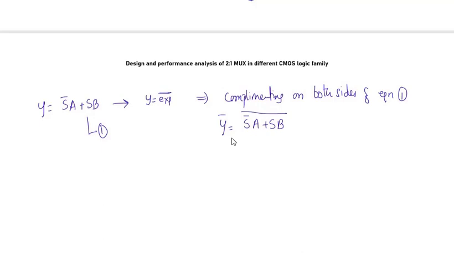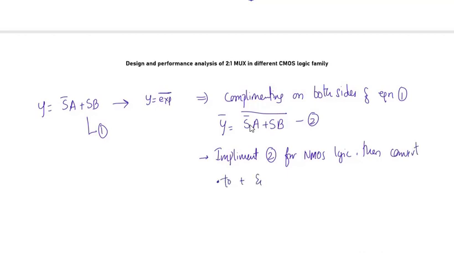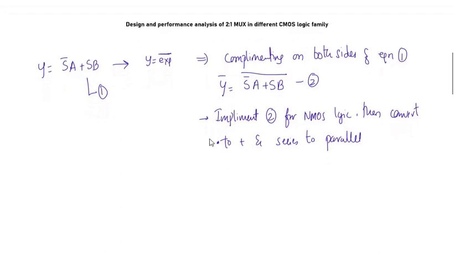And once I see that it's in the complemented form, I can go ahead immediately and implement equation 2 for NMOS logic, then convert dot to plus and series to parallel, and vice versa.